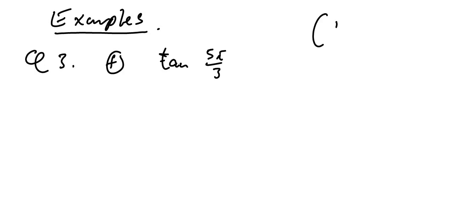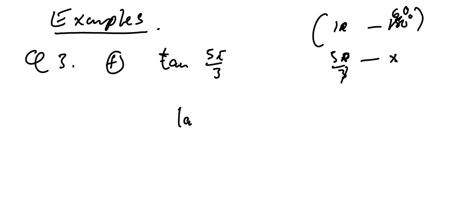Remember that 1 pi is equal to 180, so the pi can go, and 5 times 180 divided by 3 gives us 300. So this is the same as 300.